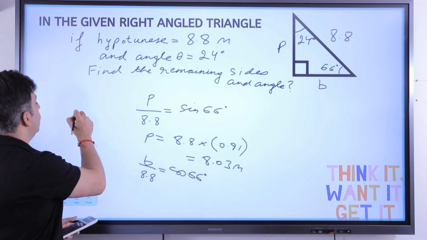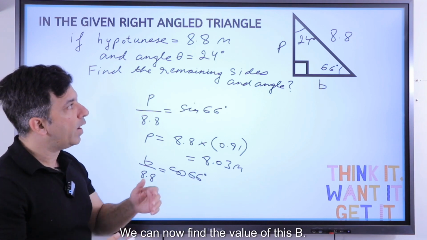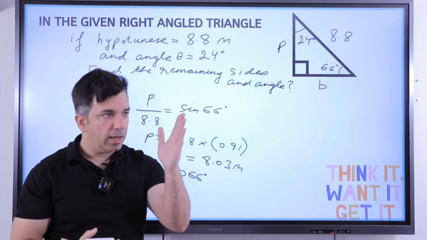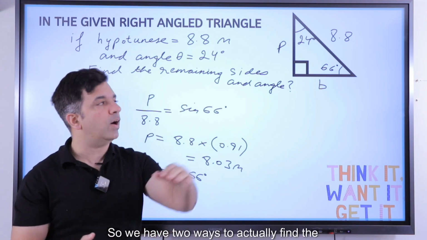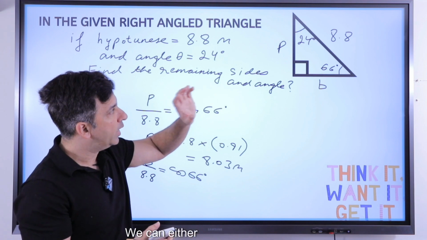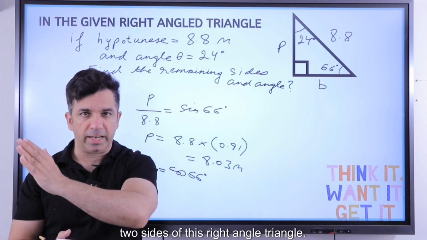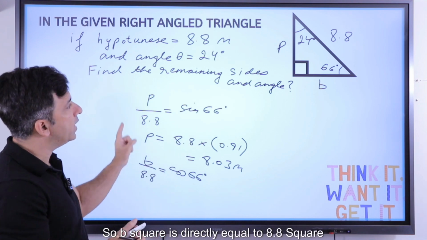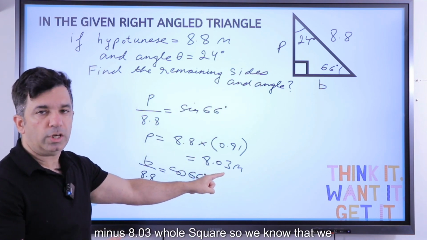So B is equal to, just remember that we can now find the value of this B either by using Pythagoras theorem. So we have two ways to actually find the value of this base now. We can either use straightforward Pythagoras theorem, because we already know two sides of this right angle triangle. So B square is directly equal to 8.8 square minus 8.03 whole square.